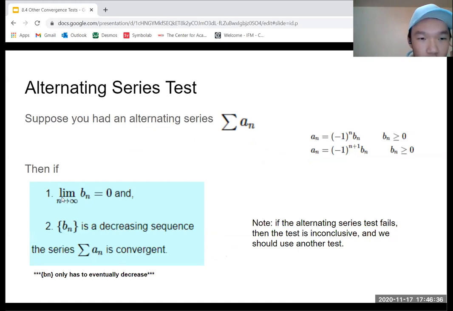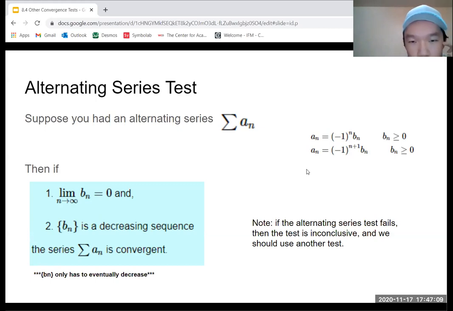Number one, the limit of b of n as n approaches infinity goes to 0, and the second condition is that b of n is a decreasing sequence. Then you can say that the alternating series is convergent, okay? So recall that b of n is basically the part of the series that's not including the alternating sign part, so basically ignoring the (-1)^n part.